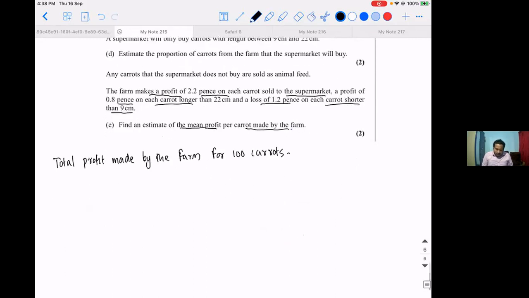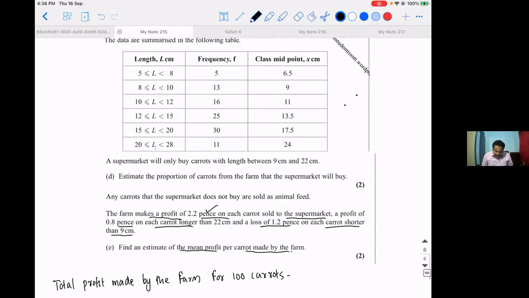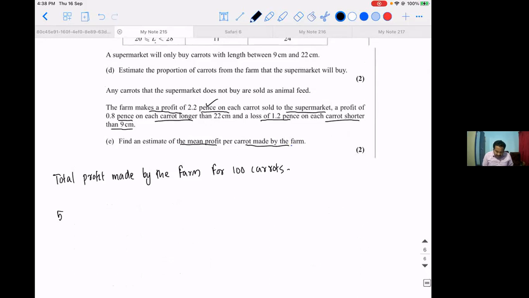So first of all, we will divide according to this information. Though this is classified into different classes, we want categories, because the carrot starts from what? 5 to what? Because our separating point is shorter than 9.